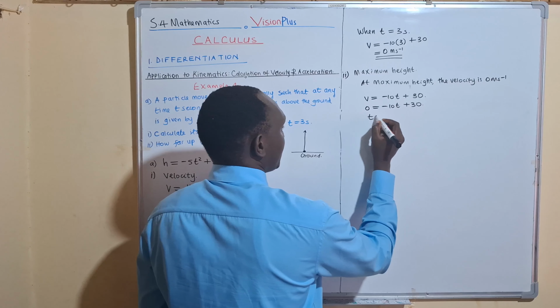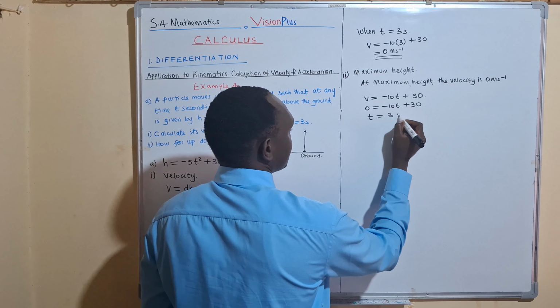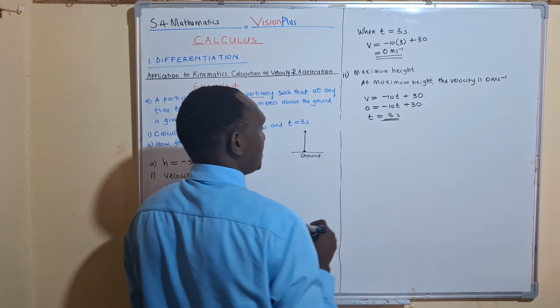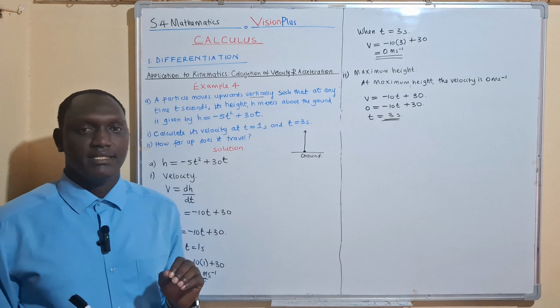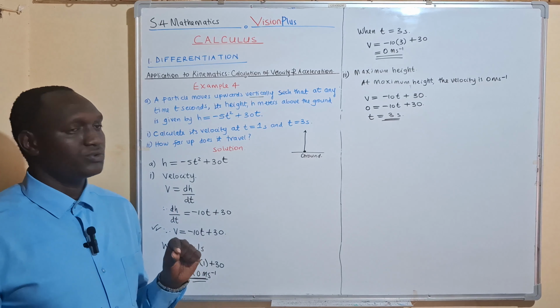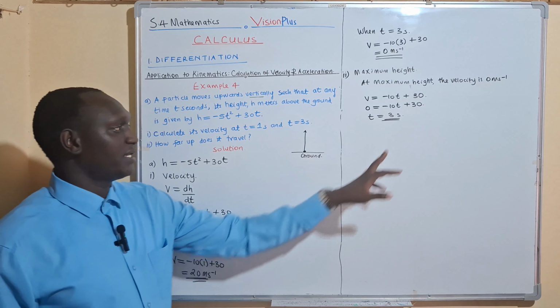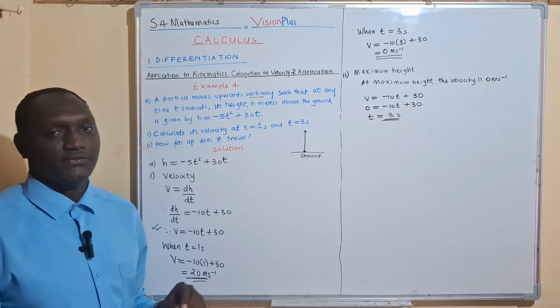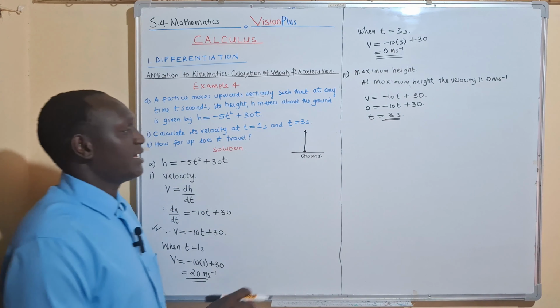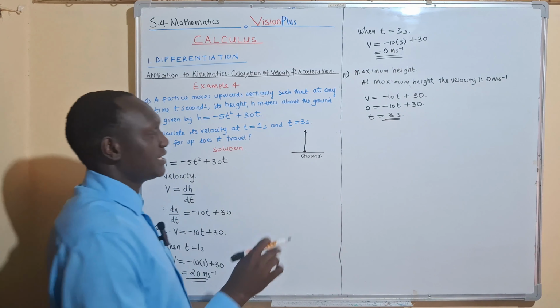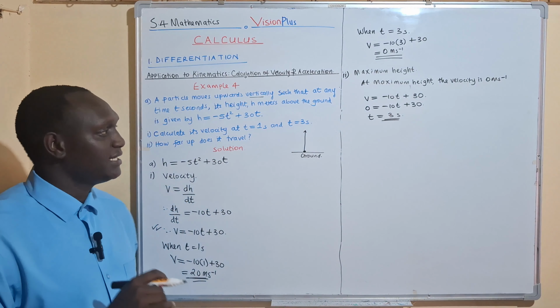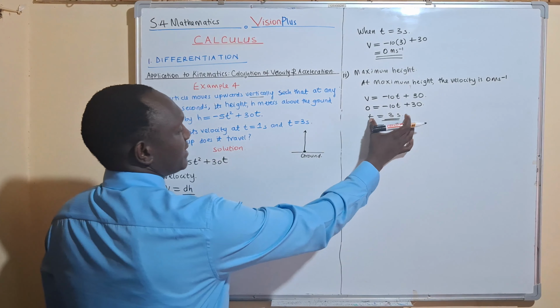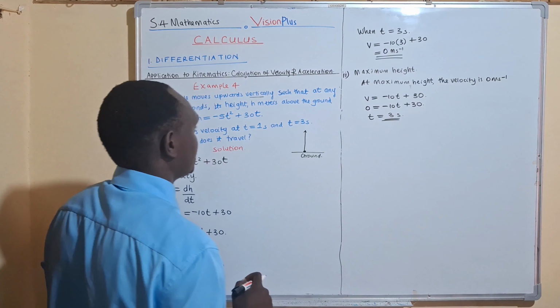My t here is 3 seconds. That means for the particle to reach the maximum height, it must be given a duration of 3 seconds. So the time at the maximum height is 3 seconds. What is now the maximum height? The maximum height is the height when the time is 3 seconds.